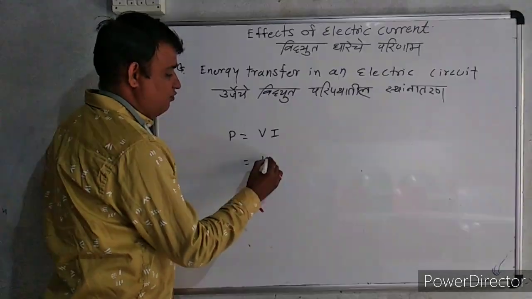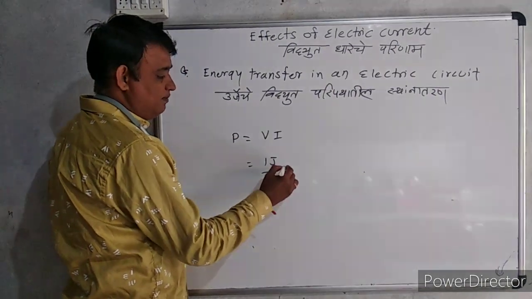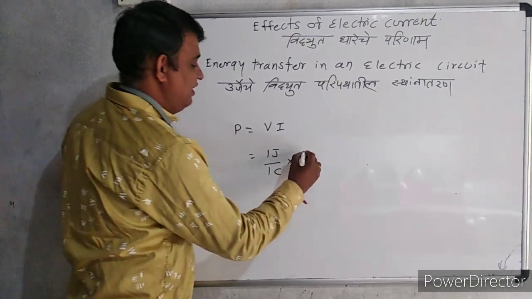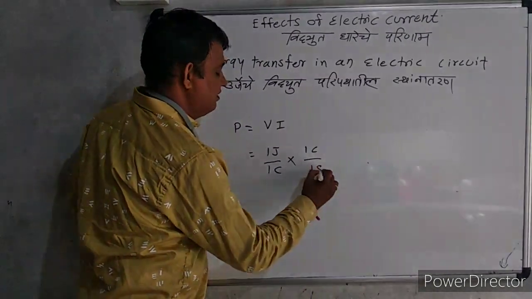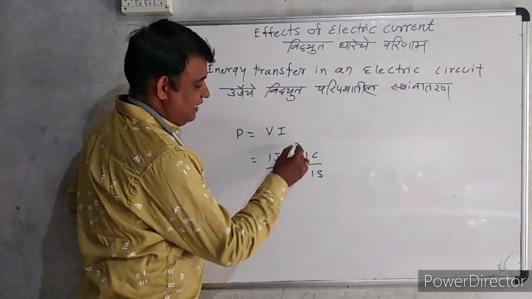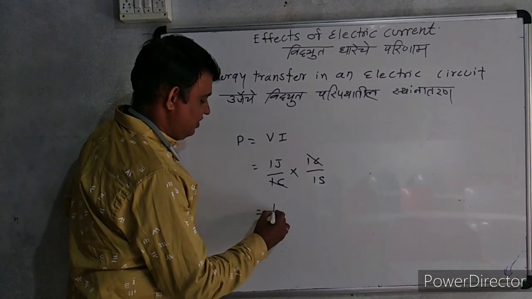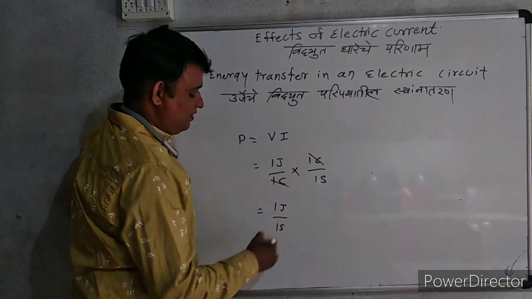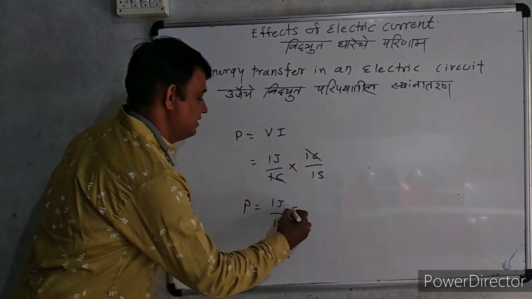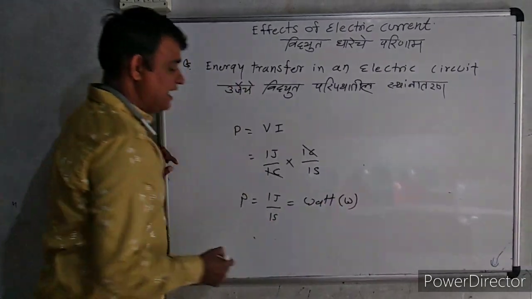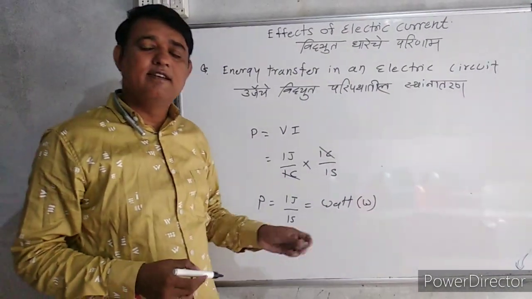Volt, we know is 1 joule per 1 coulomb, and electric current is 1 coulomb per 1 second. Now in cross multiplication the 1 coulomb charge cancels out, so we get the unit as 1 joule per 1 second, and that is known as watt. The unit of power is watt.